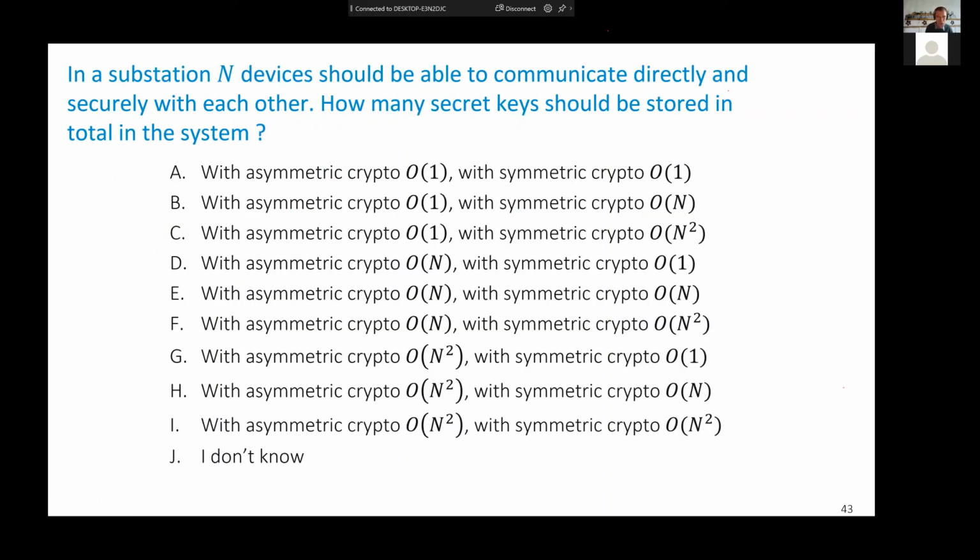Another question here with 10 possible answers about key distribution.